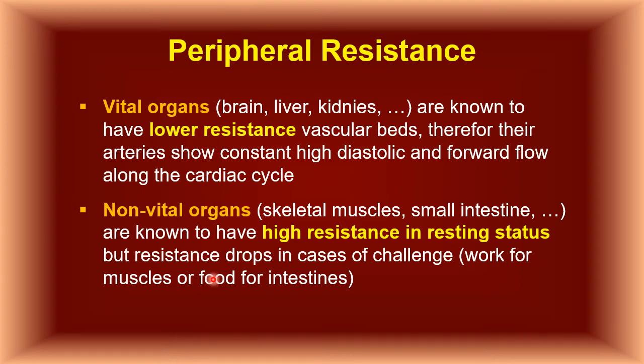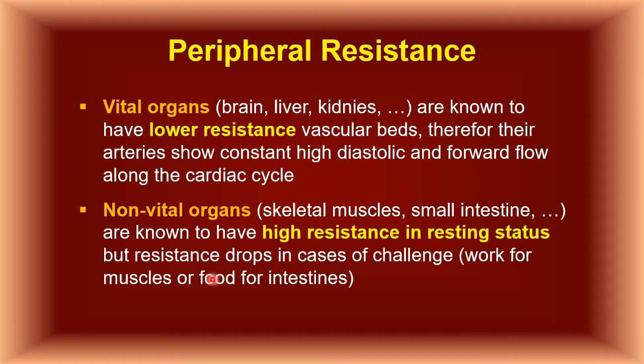But what happens if you push these parts to function? For example, our skeletal muscles are all the time in vasoconstriction. But if you go running or jogging or whatever you exercise, what happens? Because of the higher demand for oxygen and nutrients, these arterioles will open. So they will go from vasoconstriction to vasodilation. What is the result? The arteries here, if you scan them, will show a lower resistance status.